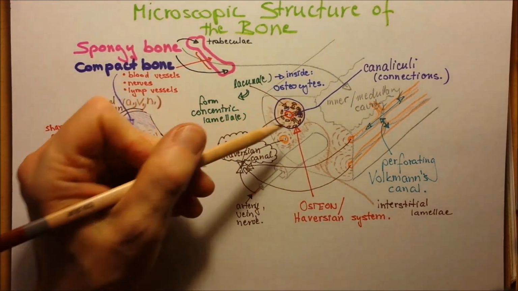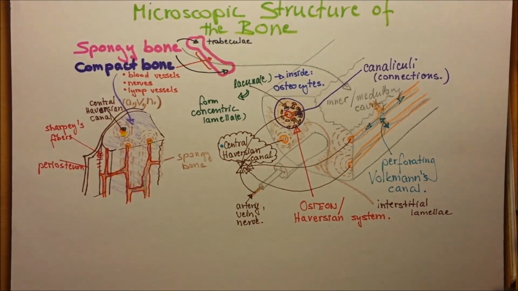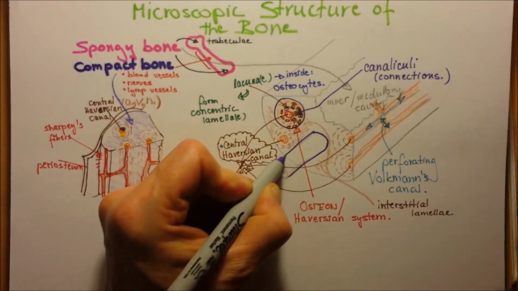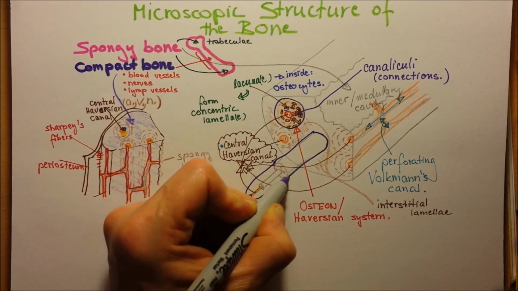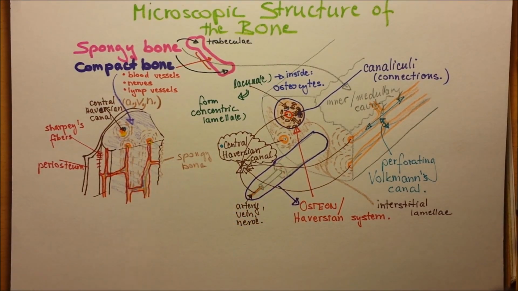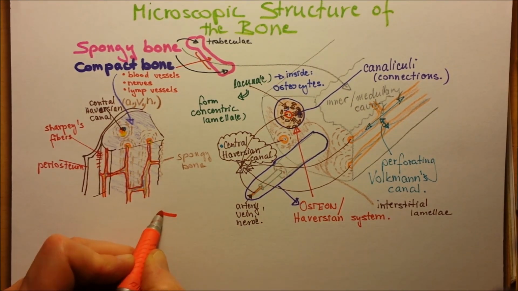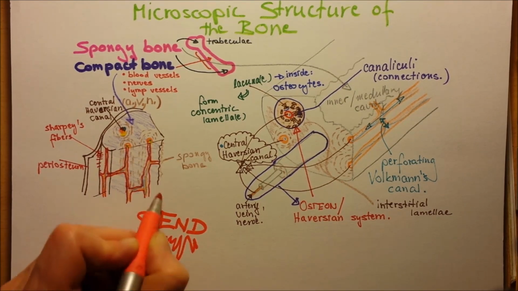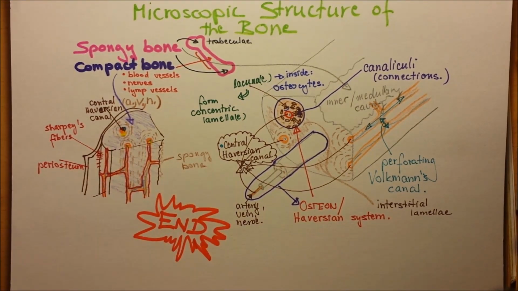So these cells in the bone are living cells. They need their food, and they produce waste, so they need the supply. It's really kind of simple if you think about it. Everything is arranged around the central canal.